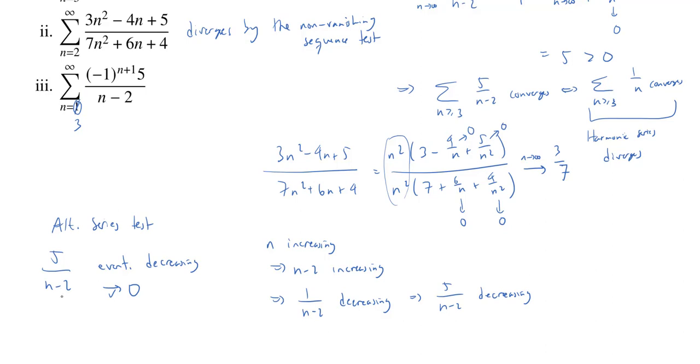So for n at least 3, this fraction is always decreasing. So we can use the alternating series test, which amazingly just says you have an alternating series with these eventually decreasing and converging to 0 properties, and this just automatically converges by the alternating series test.